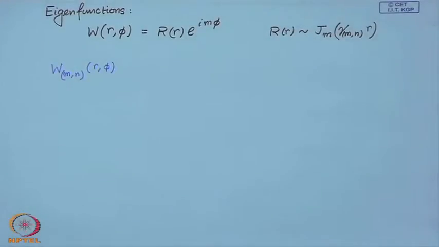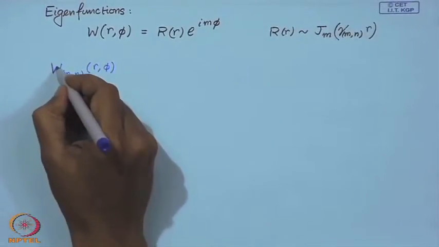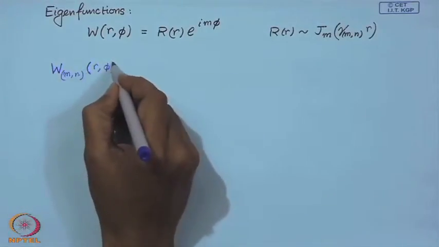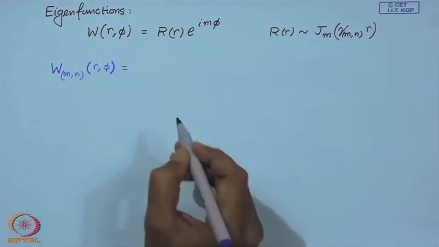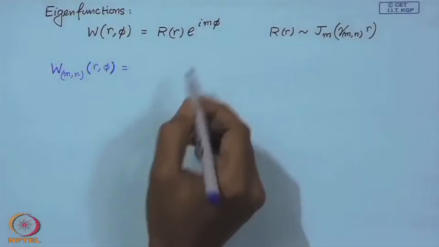So, we can write the eigen functions as a linear combination of the cosine and the sine.